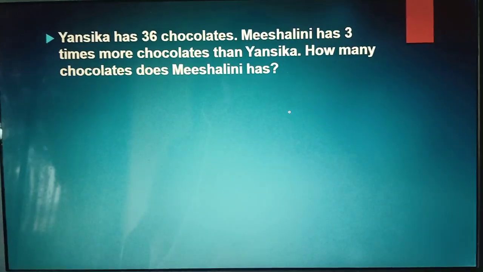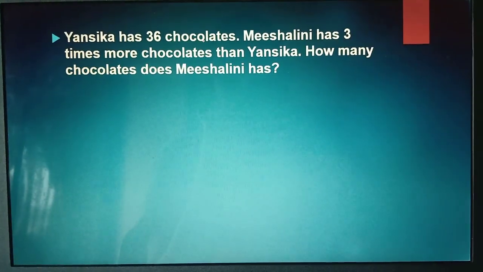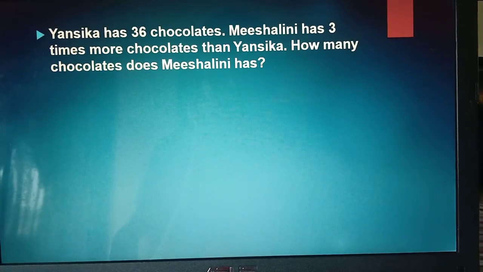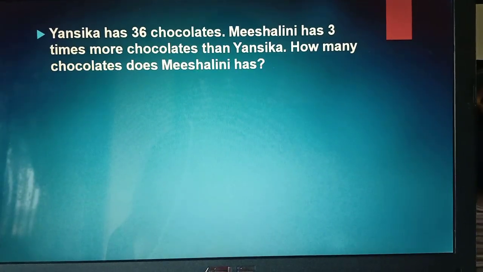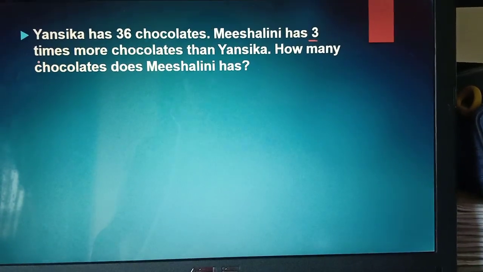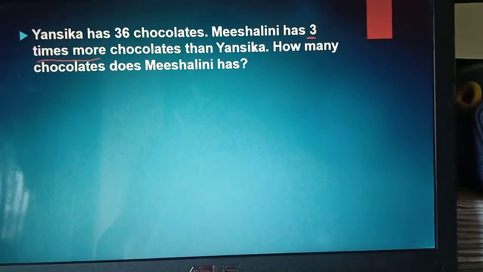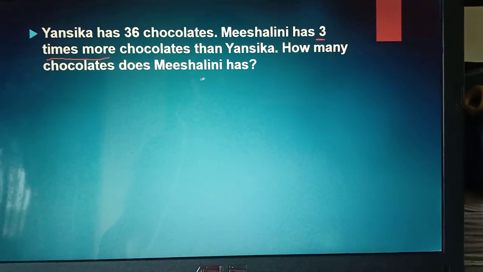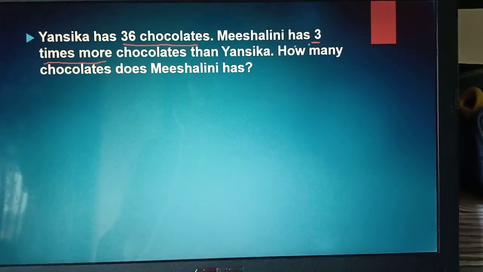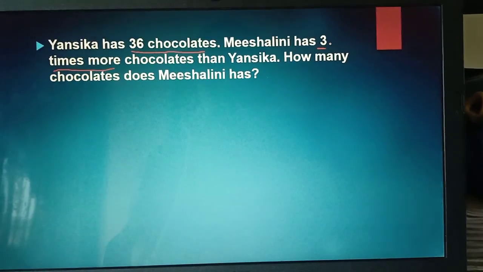Okay class, another one more. Yanshika has 36 chocolates. Our friend Yanshika. Mishalni, another friend, has 3 times more chocolates than Yanshika. How many chocolates does Mishalni have? Yanshika has 36. But Mishalni has not 3 chocolates but 3 times more.